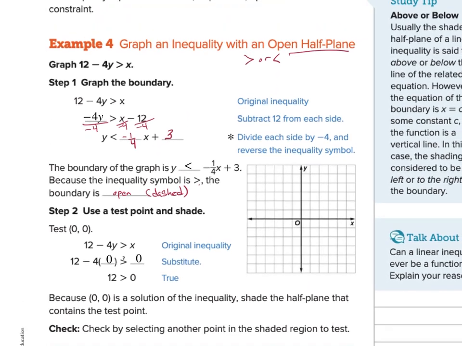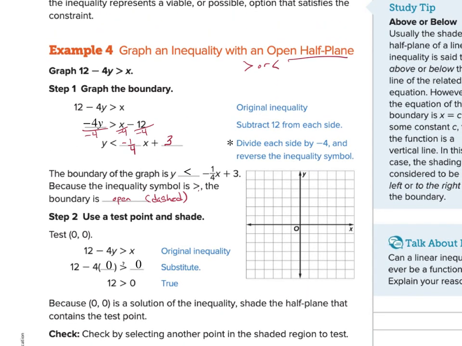Starting off at my y-intercept of 3, looking at my slope, negative 1/4, I am going to go down 1 and right 4. So down 1, right 4, down 1, right 4.